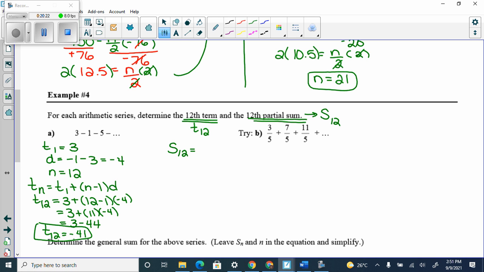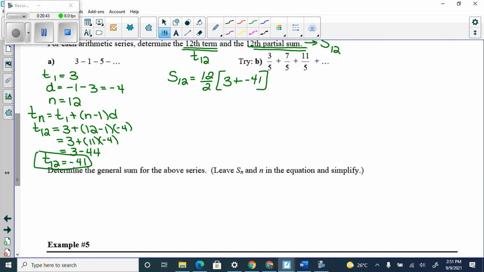So you can use 12 divided by 2, T1, which is 3, plus Tn, which is negative 41, because you did the work to figure it out. The last term of S12 would be T12. Does that make sense? So we're going to get 6 times negative 38, which is negative 228.